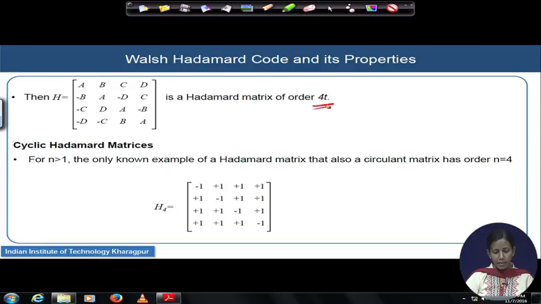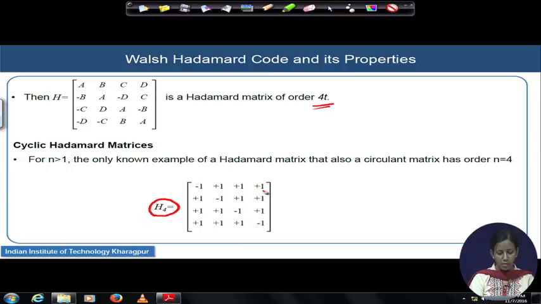Now we will enter into the cyclic Hadamard matrix. For n greater than 1, the only known example of a circularly symmetric Hadamard matrix is of order 4, denoted H4.